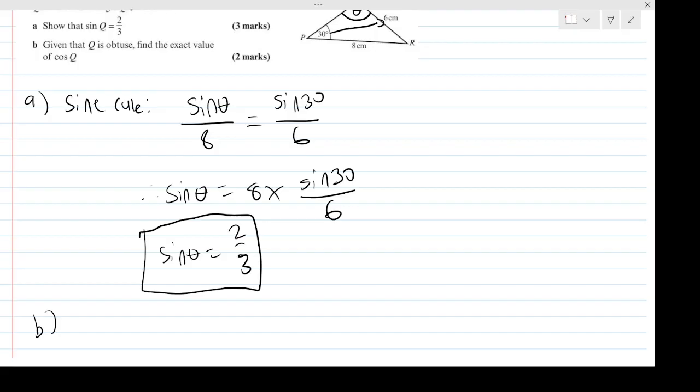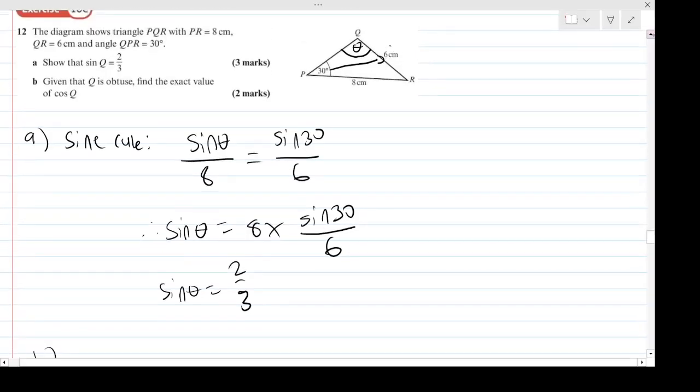Now again, if we were to do the inverse to find the angle theta, well, firstly, you'd have the ambiguous case, right? If we did inverse sine to get theta, from the calculator you would get 41.81031 blah blah blah degrees.